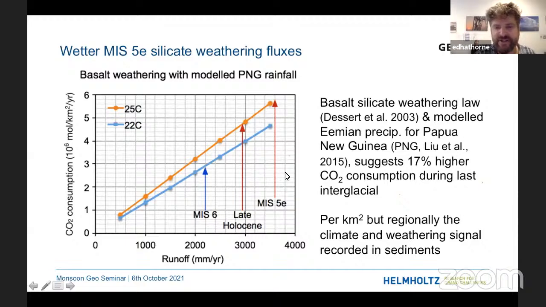This suggested that during the last interglacial, which was warmer than today and had higher runoff, the silicate weathering CO2 consumption could be some 17% higher. This is per kilometer squared, of course, so you have to try and scale this to an area. But regionally, this climate and a weathering signal should be recorded in the sedimentary record.